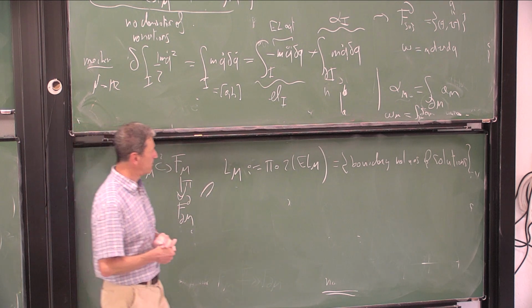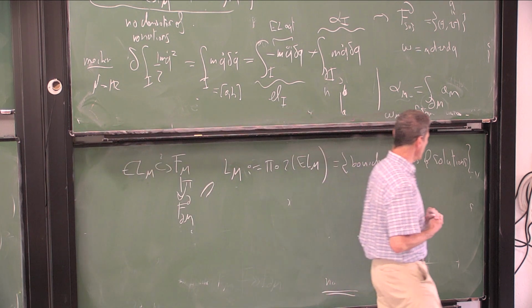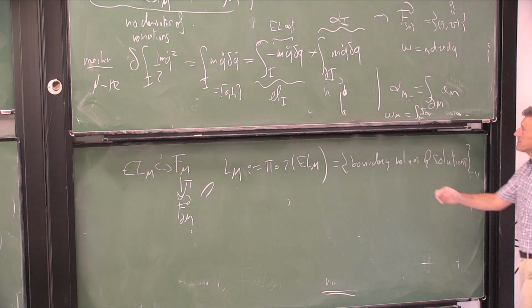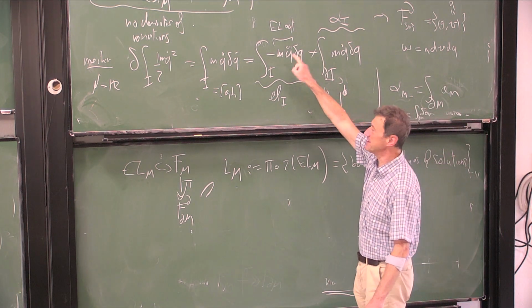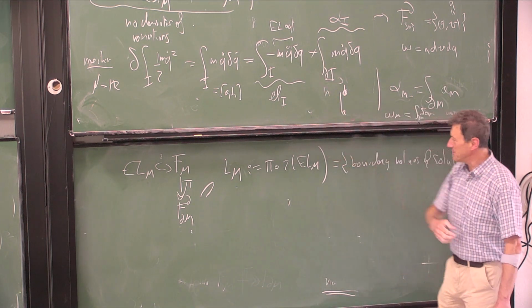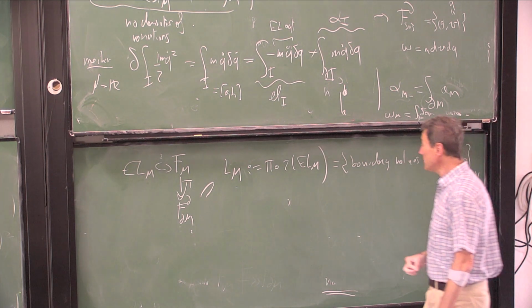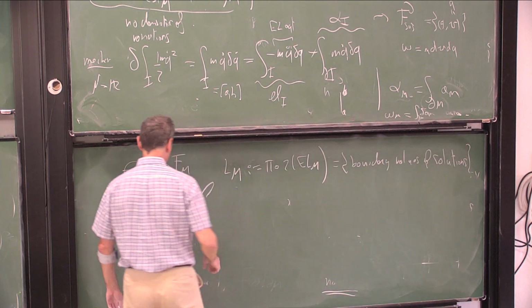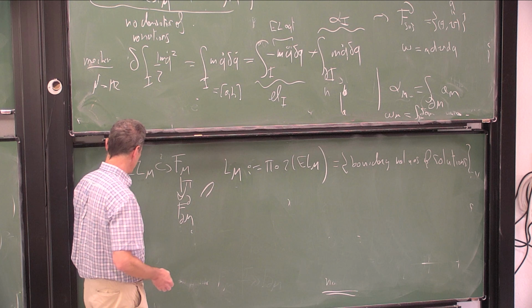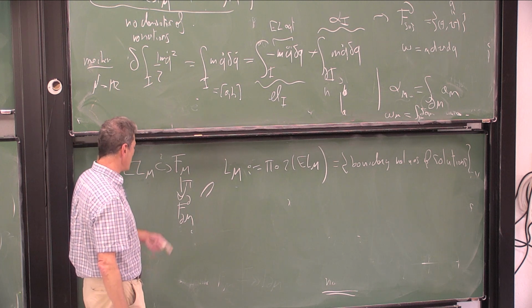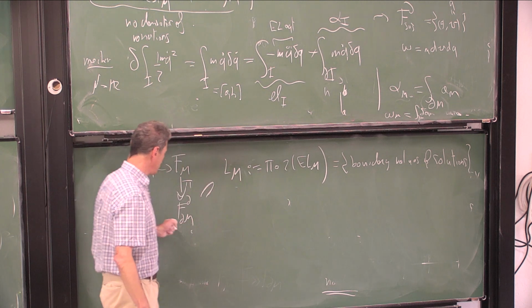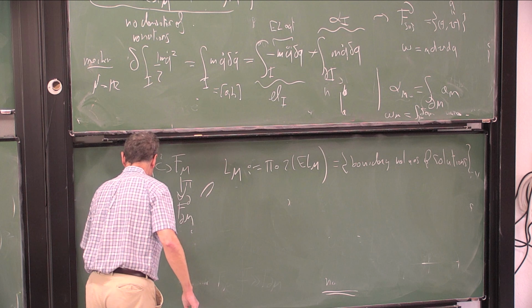Now, if you think of mechanics, for example, without potential, the Euler-Lagrange equation says the second derivative is 0. So a solution is some straight line. Let me give an example in mechanics.